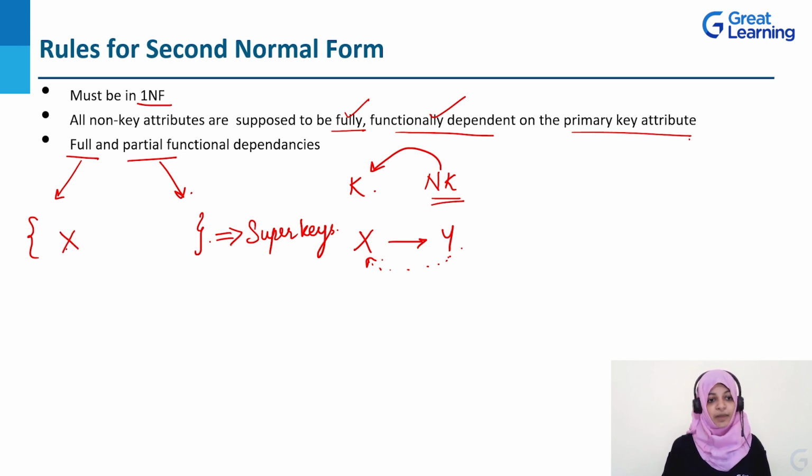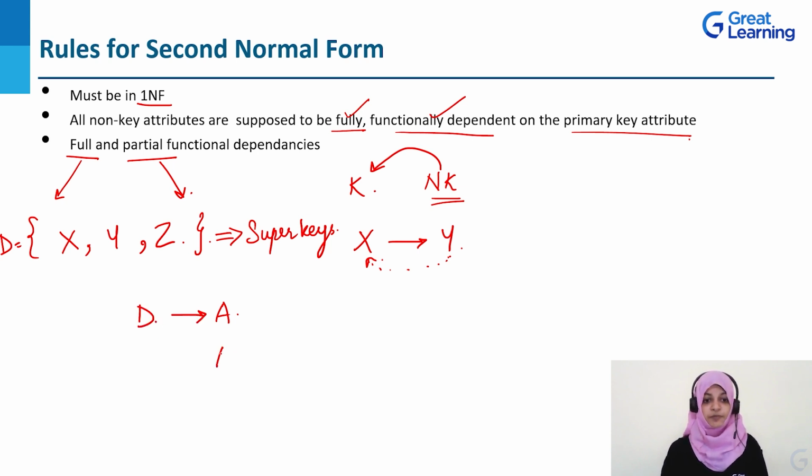Now, this super key may have a variety of keys within it. Let's take this super key or the whole set to be D. If a non-key attribute is fully functionally dependent on D, it means that this particular non-key attribute is never going to be dependent on any of the combinations of whatever is contained within D.